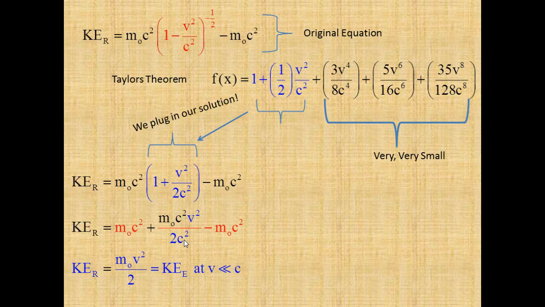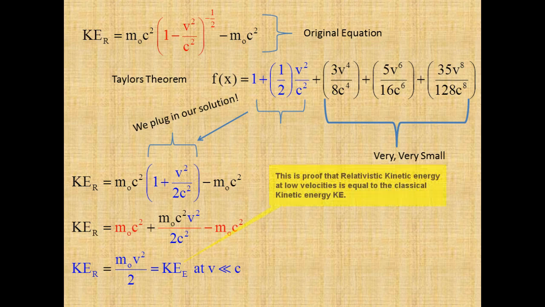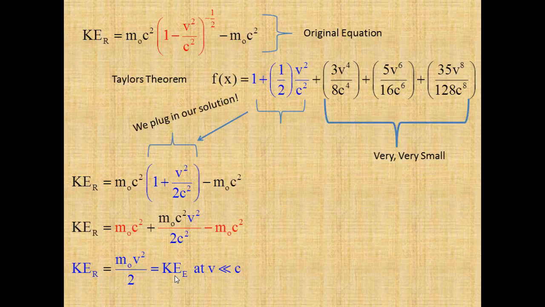Well, the c squareds cancel. And so our relativistic kinetic energy, at v many times less than c, equals our regular kinetic energy at low speeds, m naught times v squared over 2. And so therefore, Einstein's equation is absolutely correct for kinetic energy.